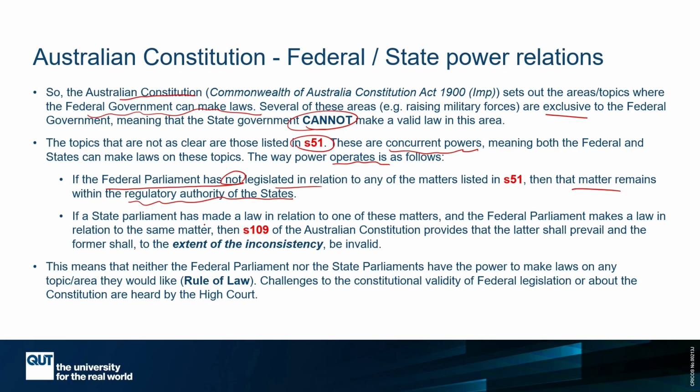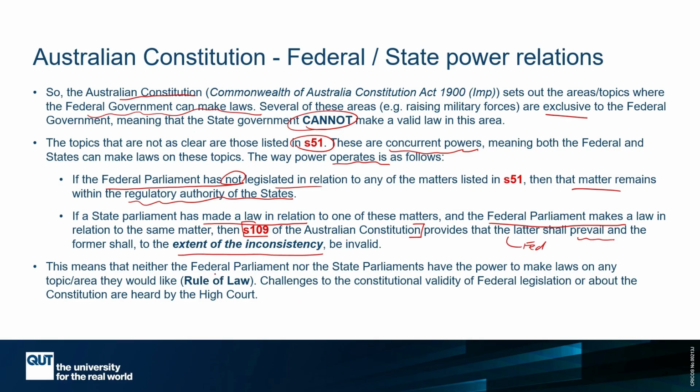Now, if the states have made a law and the federal government makes a law that conflicts with it, then Section 109 of the Constitution tells us that the federal government rule prevails to the extent of any inconsistency. So it does mean that the Commonwealth rule trumps the state rule, but only to the point of any inconsistency.